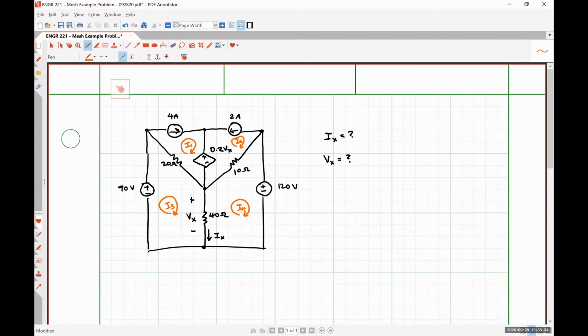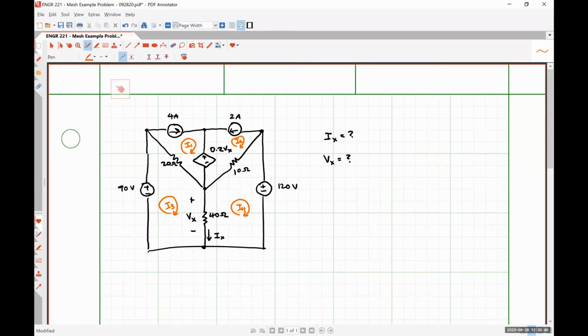So if instead we looked at the 40 ohm resistor though, we would see that mesh current I3 is the current that flows down into the positive polarity terminal of the voltage drop Vx. And mesh current I4 is the current flowing up through the 40 ohm resistor into the negative polarity terminal.